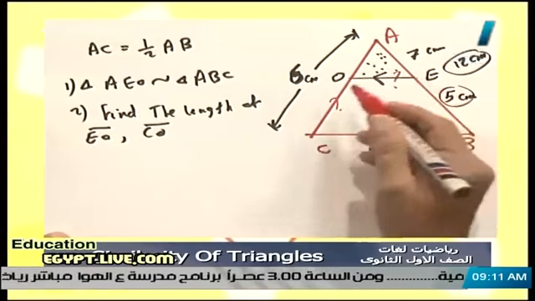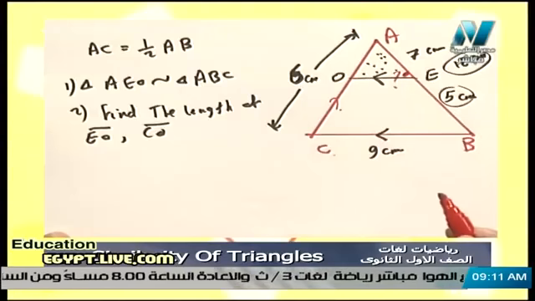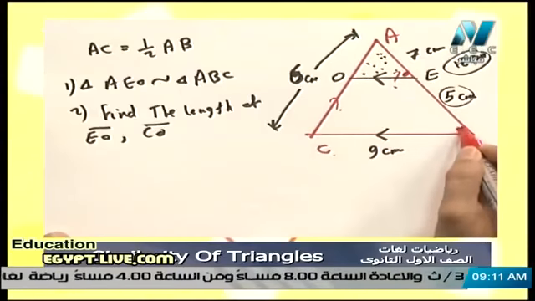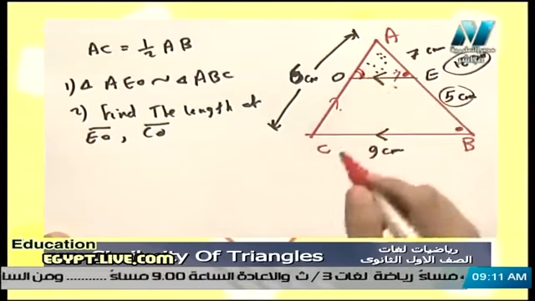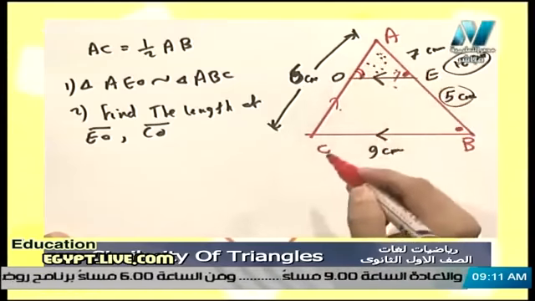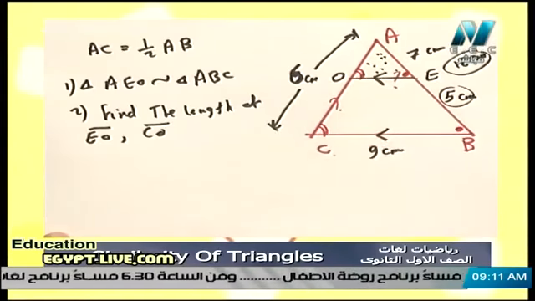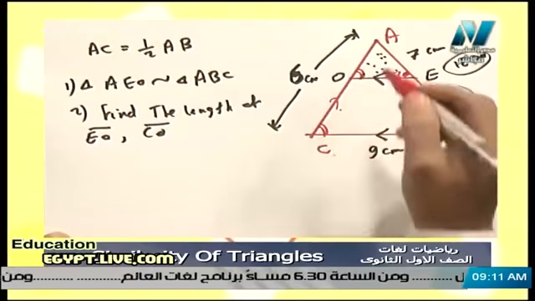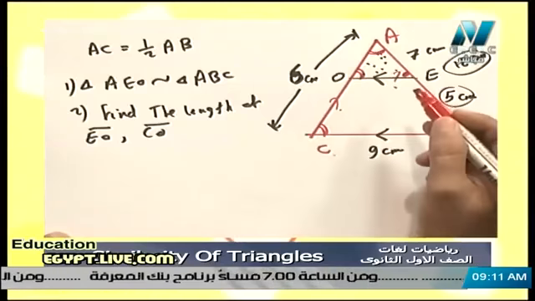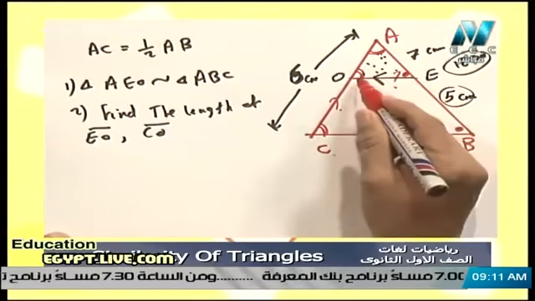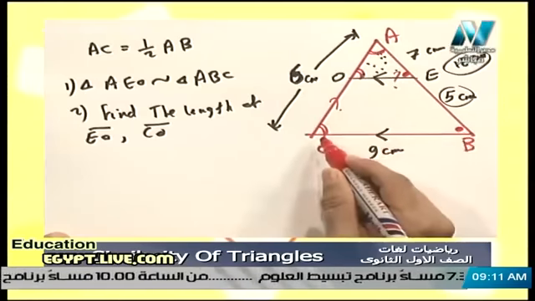We know that if EO is parallel to BC, then the measure of angle AEO equals the measure of angle B. And also we can say that measure angle AOE equals measure angle C, corresponding angles from parallel lines. And we have A as a common angle. It's enough to prove that two angles in the first triangle equal two angles in the second triangle.